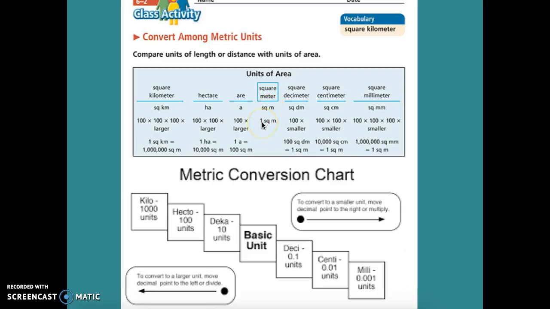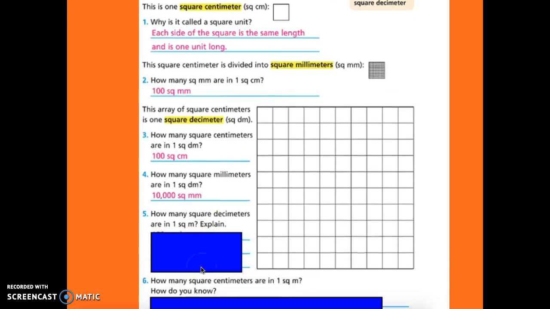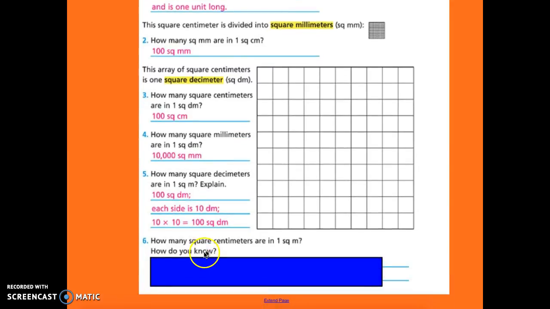So I've got my 1 meter, and I jump 1 over, and it says times 100. And if you remember before, it said times 10. But the difference is we're trying to find the square decimeter. So if we do 10 times 10, we get that 100. So in 1 meter, there are 100 decimeters. And there we go, square decimeters.